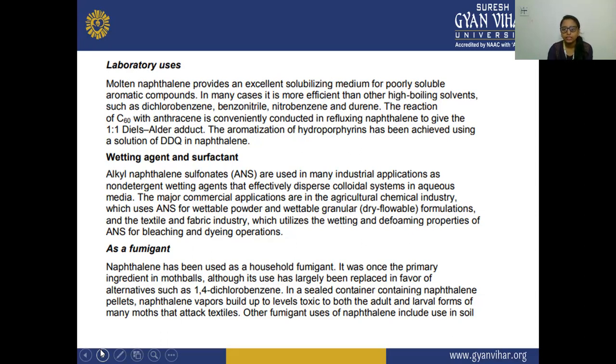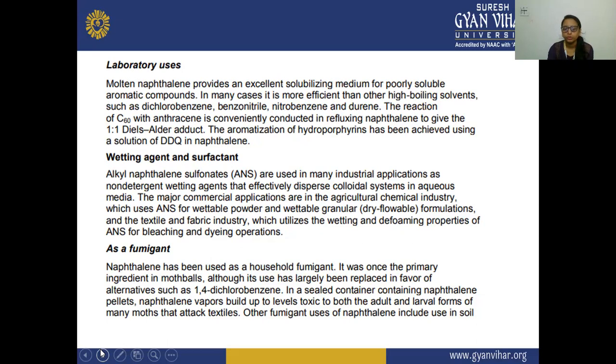In a sealed container containing naphthalene pellets, naphthalene vapors build up to levels toxic to both the adult and the larval form of many moths that attack textiles, meaning the clothes.